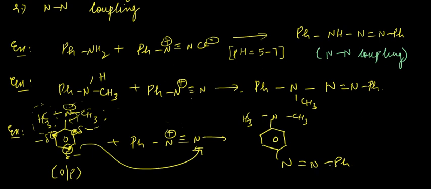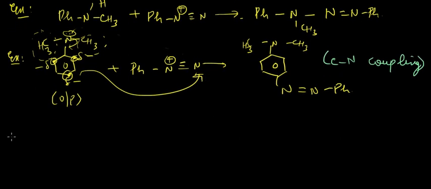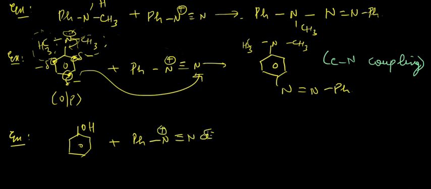Okay, so this is an example of C-N coupling. Okay, so let us discuss another example where we have something like a phenol and then we are reacting it with this compound.